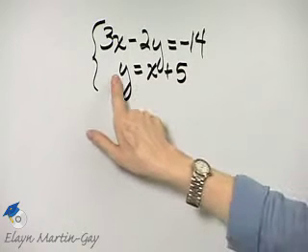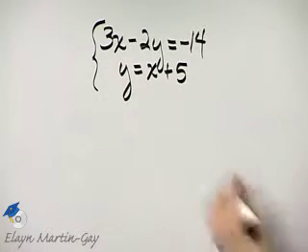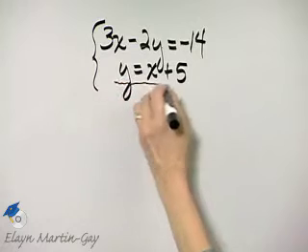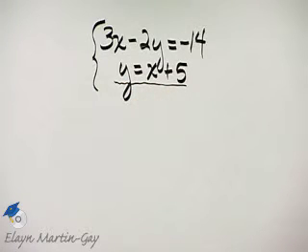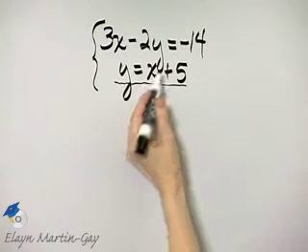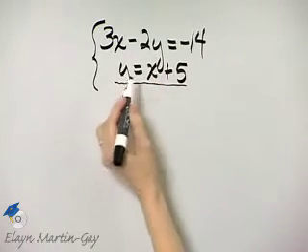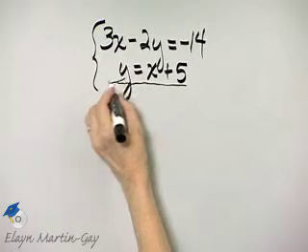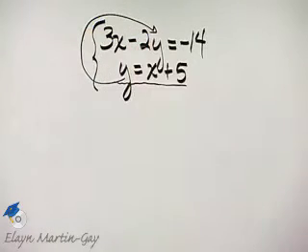It just so happens that the second equation is solved for y. y is equal to x plus 5. So I will substitute x plus 5 for y in the other equation.